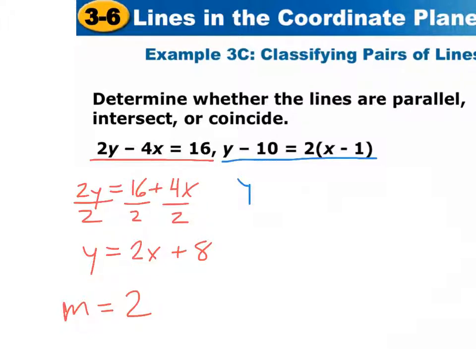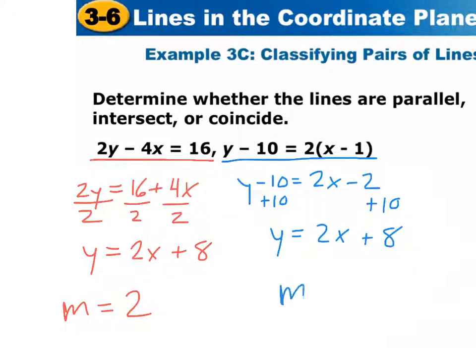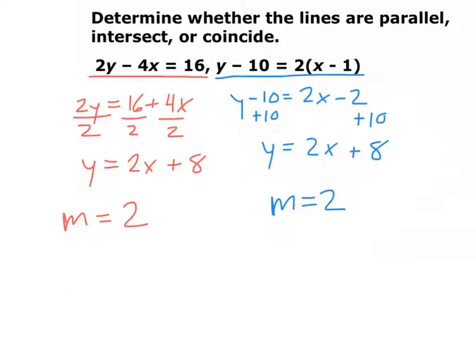So we have y minus 10 is equal to 2x minus 2. So now we add 10 to both sides. Y is equal to 2x plus 8. So now we have a slope of 2 also. So now what do we have to look at? The y-intercepts. We have plus 8 and plus 8. They're the same.